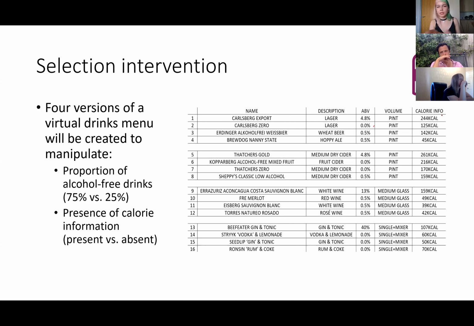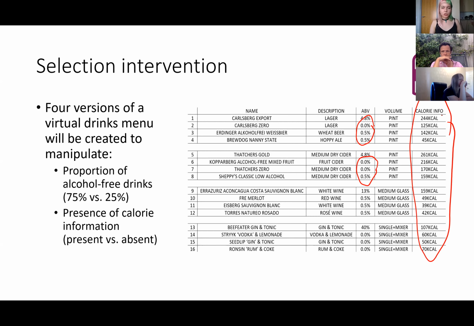So this is, for example, the very beginning of the gamified task, and it just gives you the background and asks, who do you normally go to pubs with? And then you choose, and your answer feeds into the subsequent question.